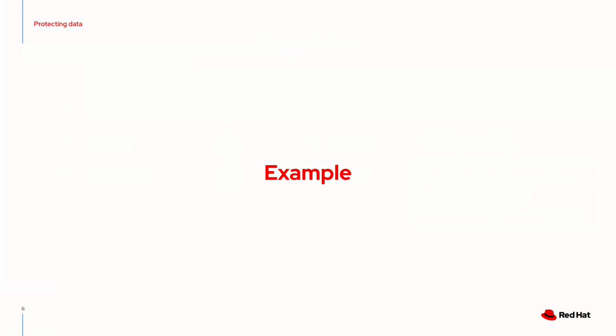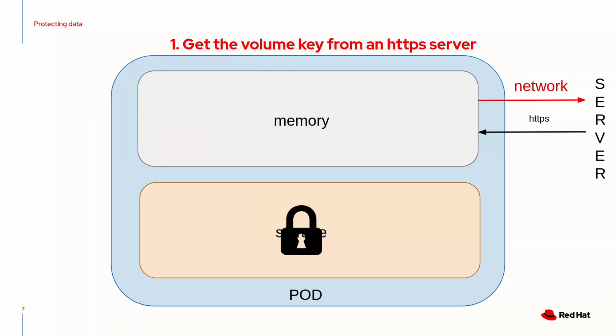Let's do a practical example to see all these three kinds of data used in a single example. So we have a container, in this case, that is performing, first of all, a connection using HTTPS, so an encrypted connection with a remote server.